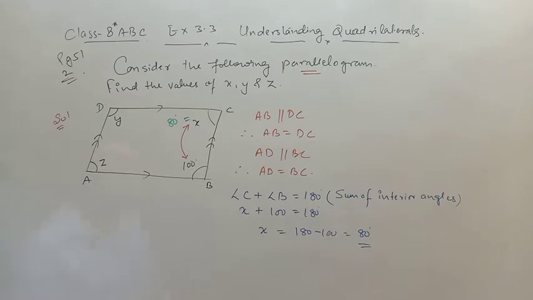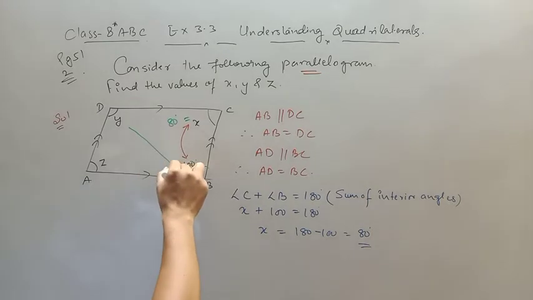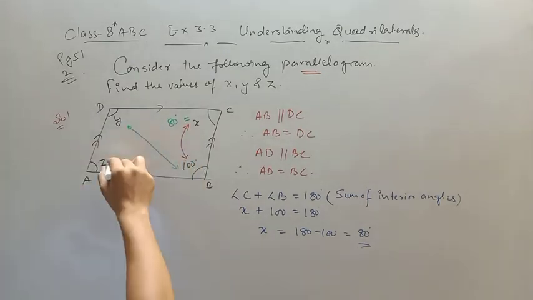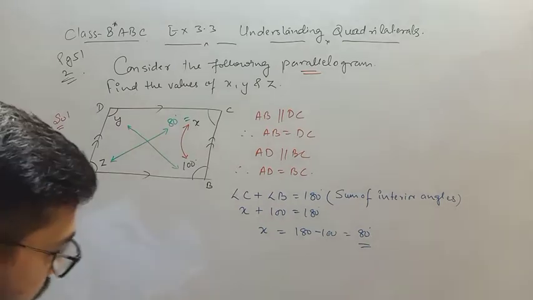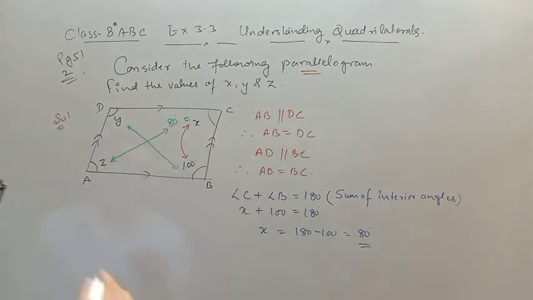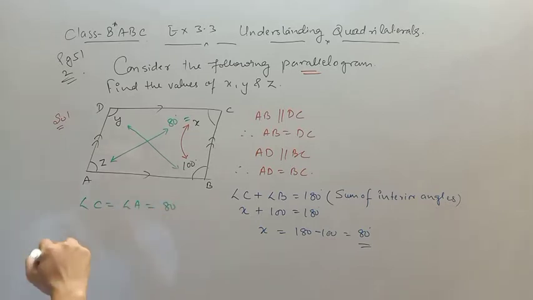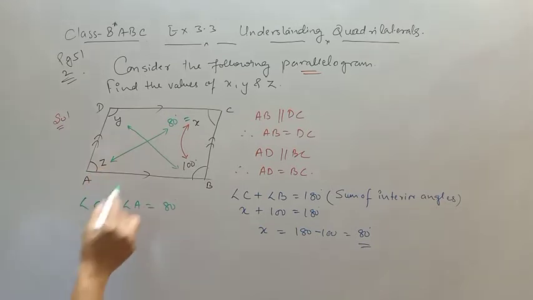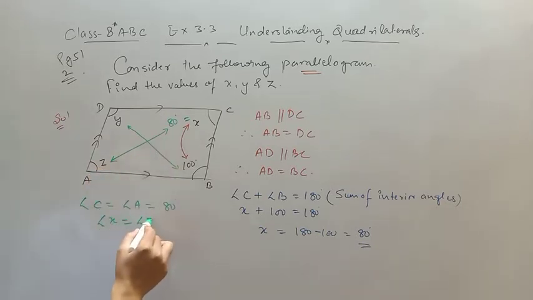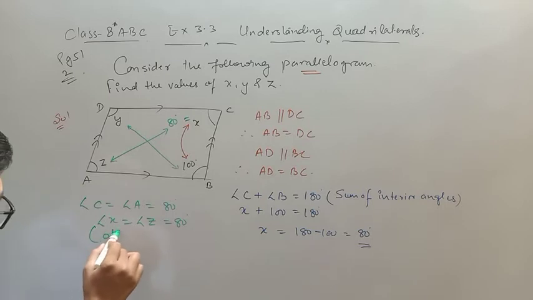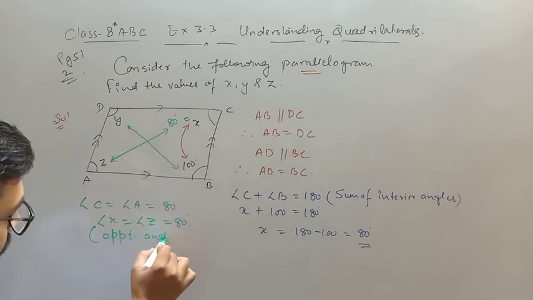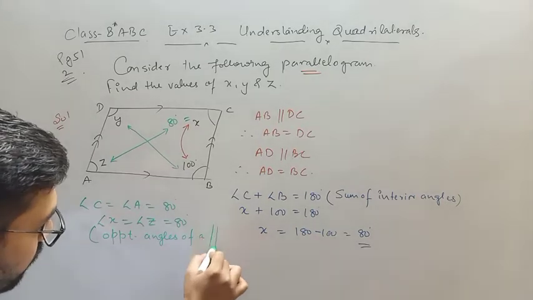Now once you have this value, you can say that these two are opposite angles. Similarly, these two are opposite angles, and you know that angle C is equal to angle A, which is 80 degrees. So angle x is equal to angle z, which is 80 degrees, because opposite angles of a parallelogram are equal.